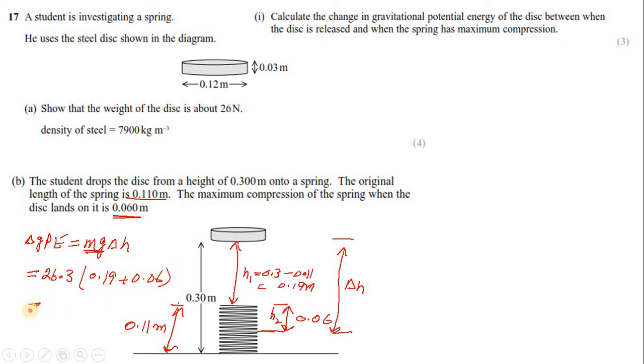So delta GPE will be 6.575, or you can round it off to 6.6 joule. This is the change in gravitational potential energy.